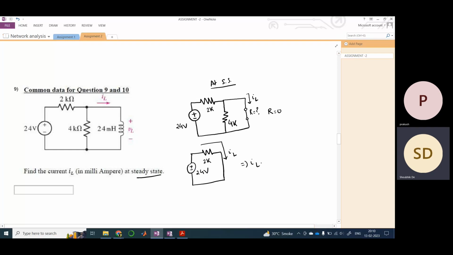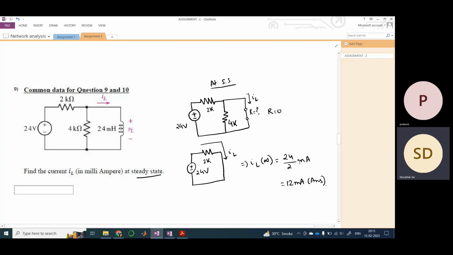Therefore IL at infinity would be nothing but 24 by 2K, which is 12 milliampere. So this is the answer to this question. Pretty simple.